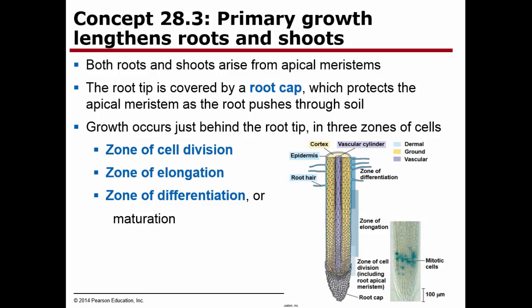The cells in the center always become the vascular tissue of the root. The cells on the outside of that become the ground tissue, and a single layer on the outside become the dermal tissue. Some of the cells within the dermal tissue develop into root hair cells.